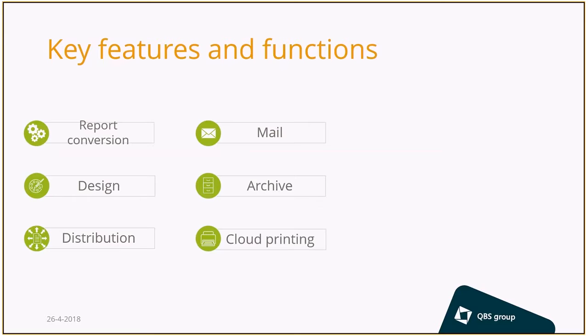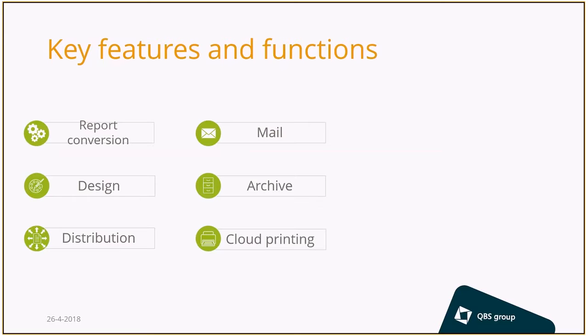We have multiple email functionalities within NAV, so you have more options to mail. Think of attachments. We can send more attachments to the email, and we can also personalize the emails that are sent out.